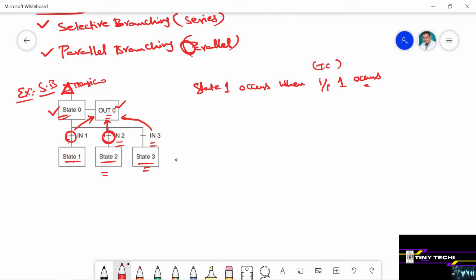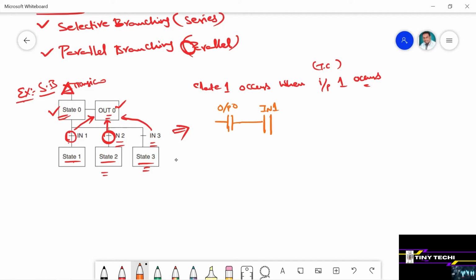Now, how can we implement the ladder logic for this sequential function chart? This is a series connection, so series selective branching. As we know this is linked to output 0, this is output 0, this is input 1.